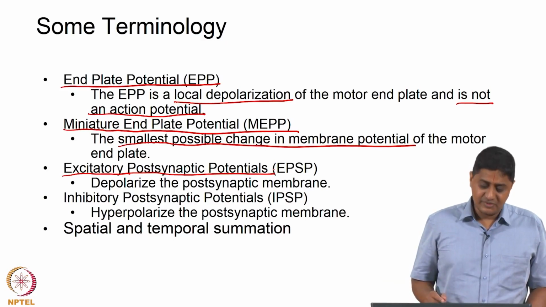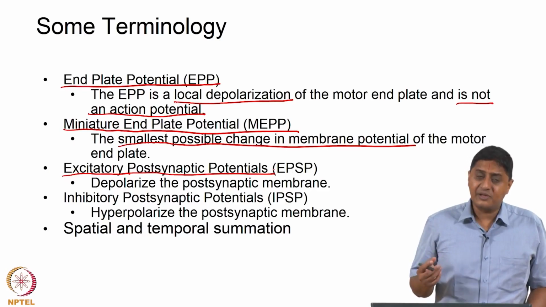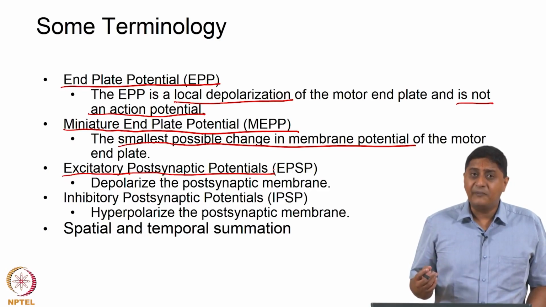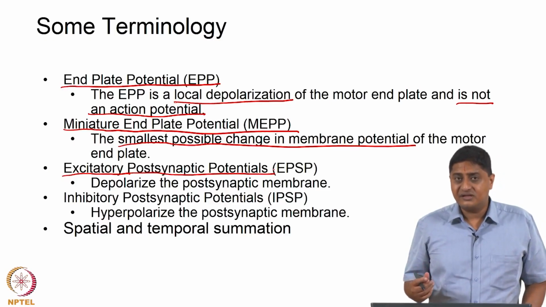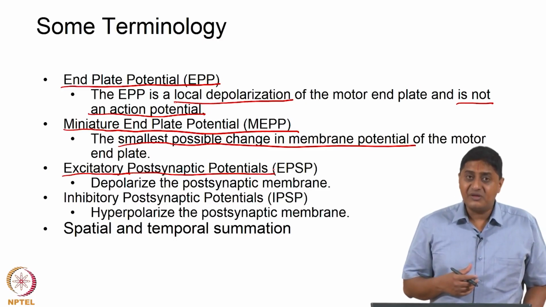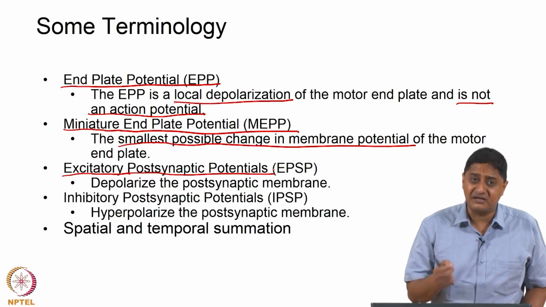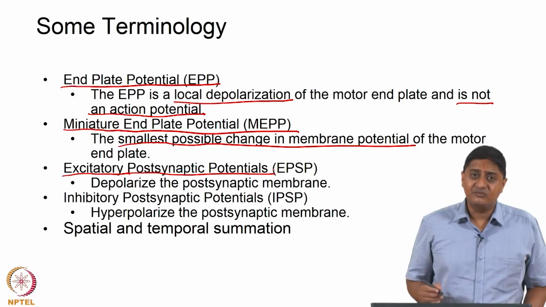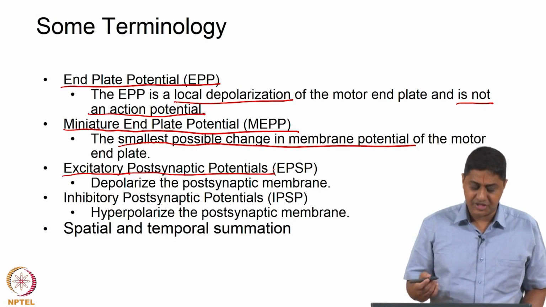It is also possible for a postsynaptic potential to be inhibitory, depending on the particular chemical, depending on whether that is acetylcholine or say GABA. There may be either excitation or inhibition. Also, depending on the particular receptor, it is possible for a chemical to cause either an excitatory postsynaptic potential or an inhibitory postsynaptic potential.